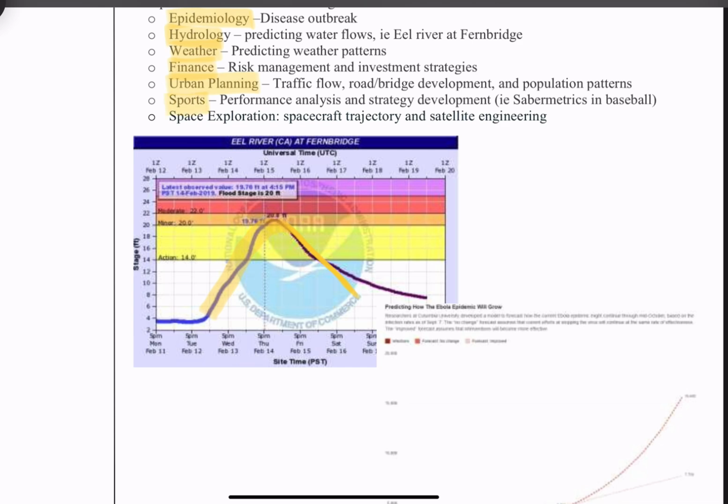Sports, I think that they use data and modeling to definitely pick their teams and then to forecast who's going to win. And then space exploration was another one, sending rockets and shuttles into space, but also satellites and even the engineering behind satellites.